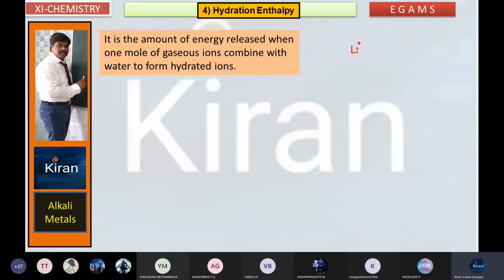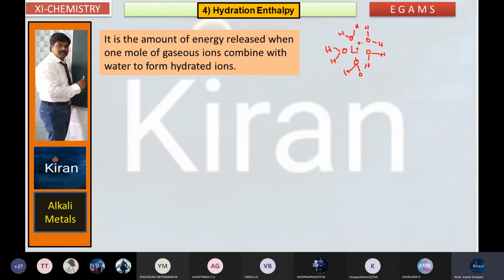When you place lithium in water, the lithium ionizes into lithium ion, it accepts water molecules, oxygen, hydrogen, and holds one more water molecule, like this. Lithium ion holds water molecules, H2O.